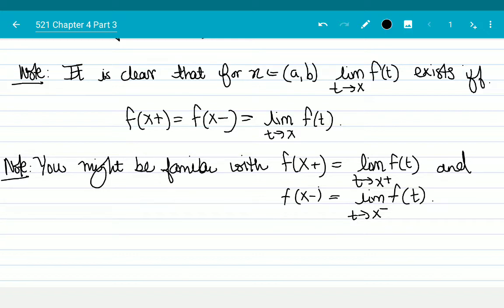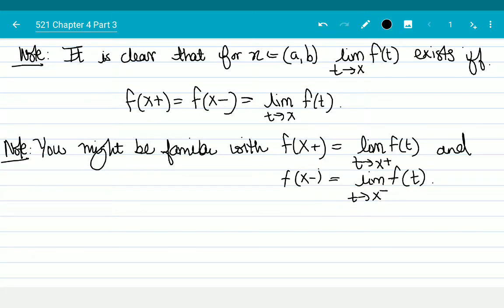I am using the book's notation for two reasons. One, it is shorter. Two, the book is using it, so it is easier for you to go through the book if you are familiar with the book notation. But if you don't want to use this notation, it is fine.